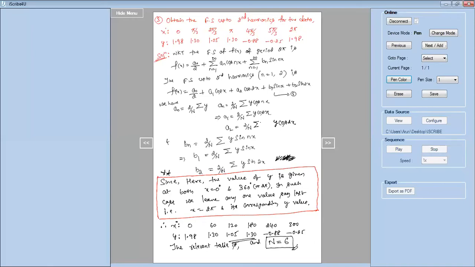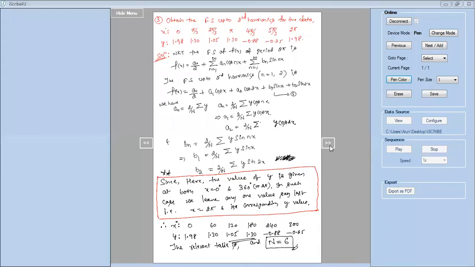Your data table should consist of the given values x and y. Next, it should contain, see this formula, y cos x, y cos 2x, y sin x, y sin 2x. So these quantities should be there in the table.